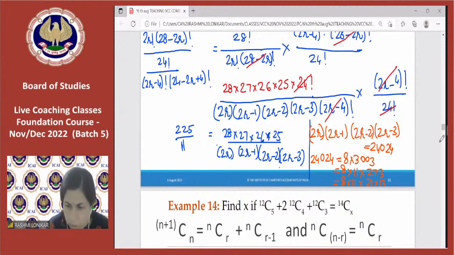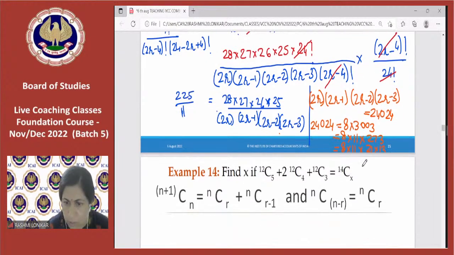Yes. So now I have this 21. So 21 can be written as, I'll just see where I can write this. So this is equal to 8 into 11 into 21 into 7 into 3 into 13. Okay.